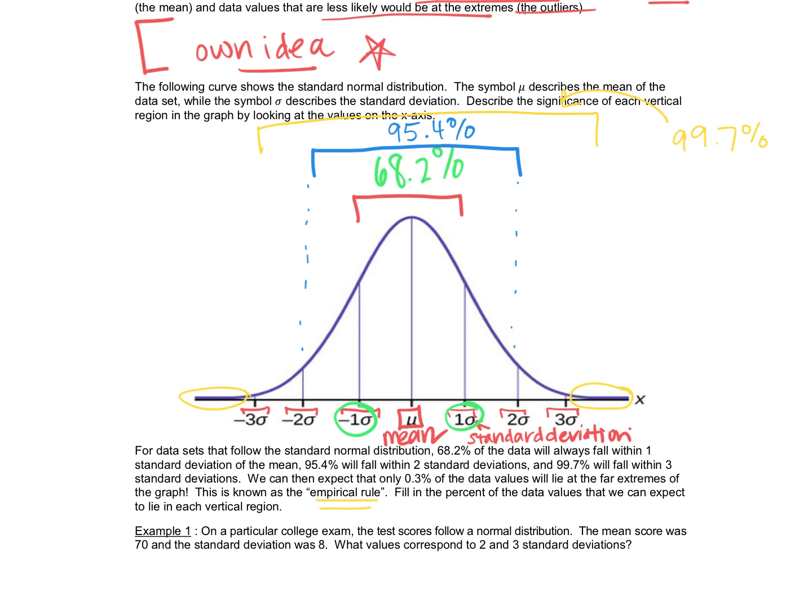If we want to fill that in for the actual spaces in our graph, that 68.2 split in half would be 34.1% and 34.1%. Then if we take the 95.4 and split that, well, we already used up 68.2. So 95.4 minus 68.2 leaves 27.2.